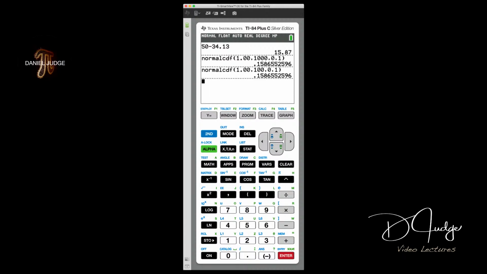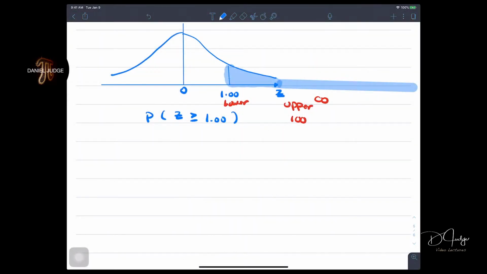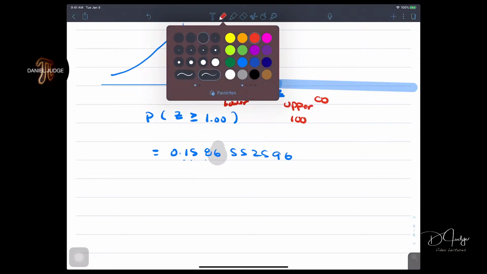So to show you what I did, here's what you want to do. This answer is 0.1586552596. Go out to the 10,000ths decimal place. Look at the digit to the right.